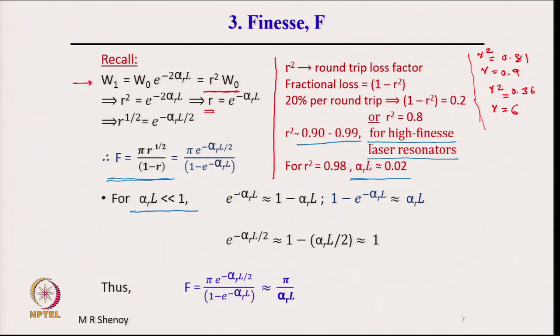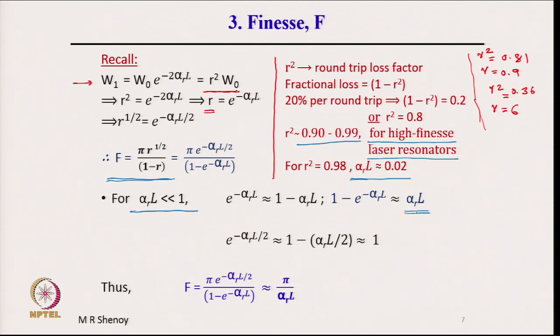Then we can write e to the power of minus alpha r L, that is e power minus x as 1 minus x. So, 1 minus e power minus alpha r L is simply alpha r L, that is in the denominator.